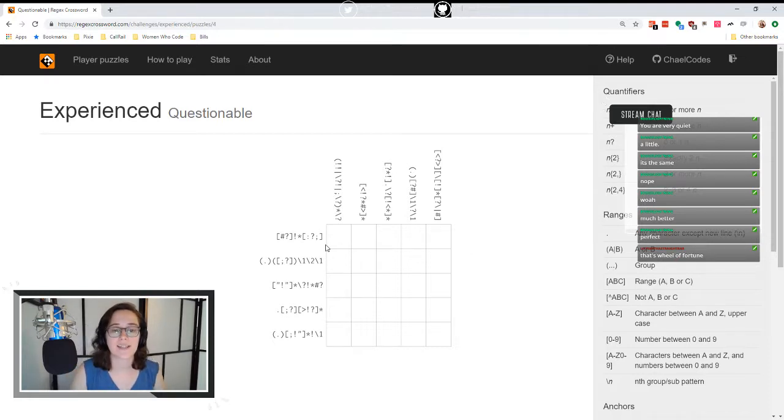Because we have square brackets, and then a colon, a question mark, and then a semicolon. So I'm thinking that this last character can be either a colon, a question mark, or a semicolon. Yeah, that's what I'm thinking.